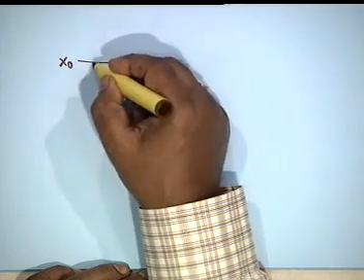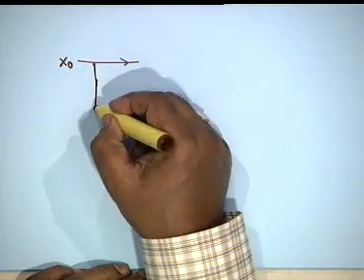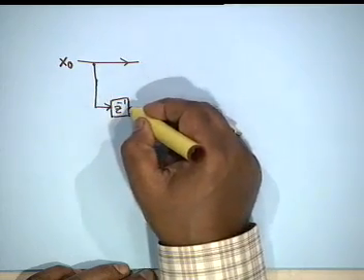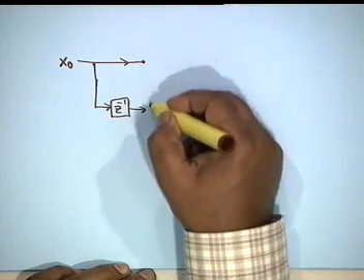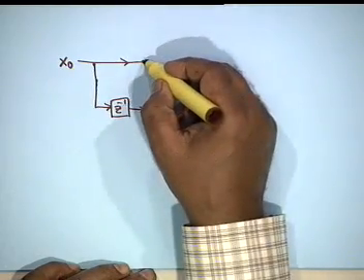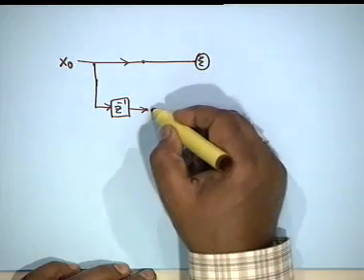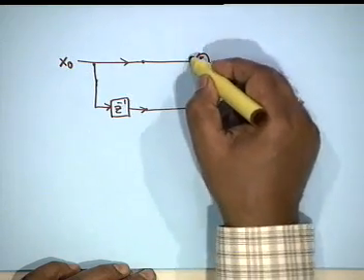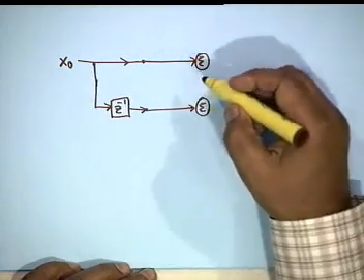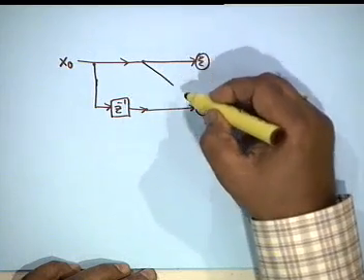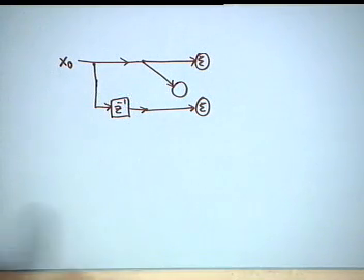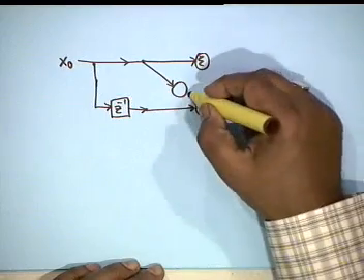Then x0, the same input, is delayed by one sample, and then the lattice starts. The lattice is like this, summation, here also a summation, and there is a crisscross now. The two multipliers should be all in the forward direction, no feedback, no recursion.